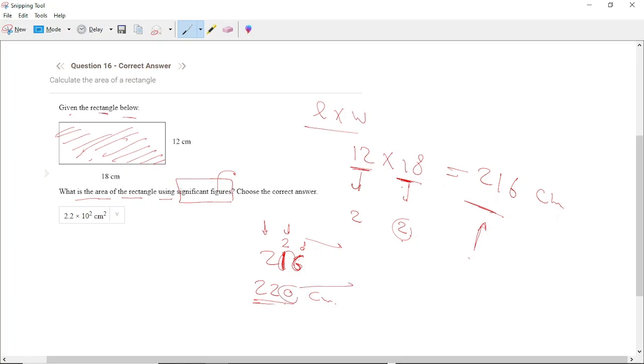But 0 is a trailing digit, so it's not a significant number. To show this, we write 220 as 2.2 multiplied by 10 to the power of 2, because if you multiply this out, you will get 220.